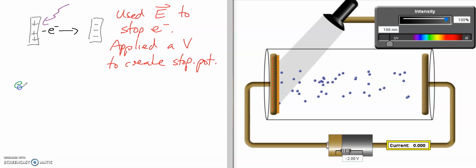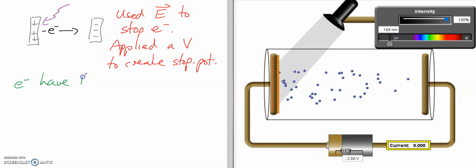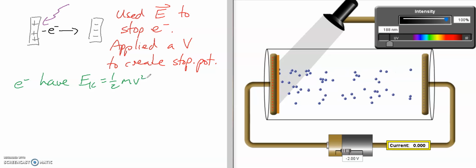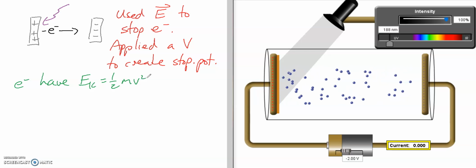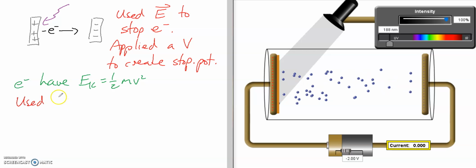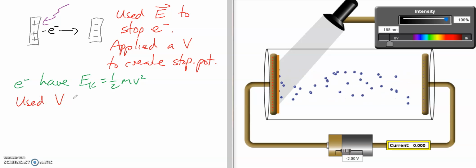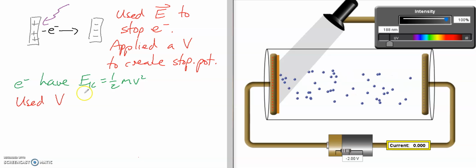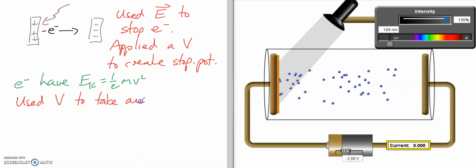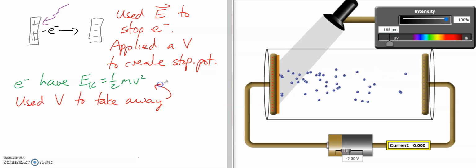So the electrons have kinetic energy equal to 1/2 mv squared. And what he did is he used the stopping potential, the potential difference, the voltage, to take away that kinetic energy.